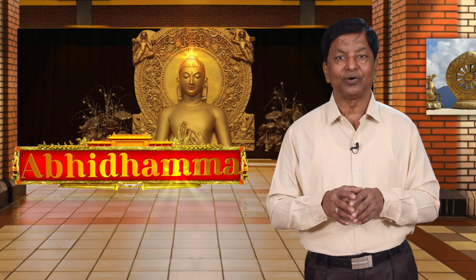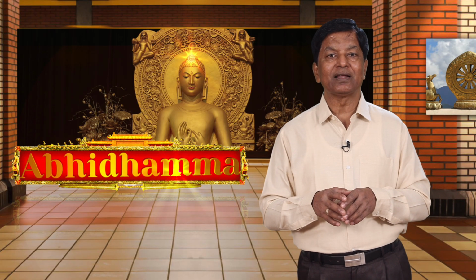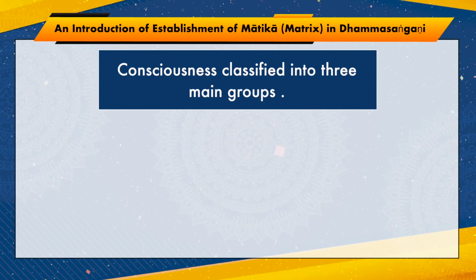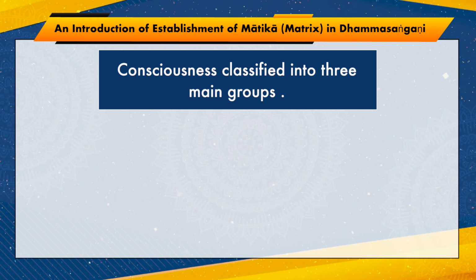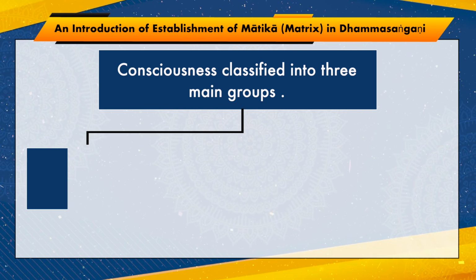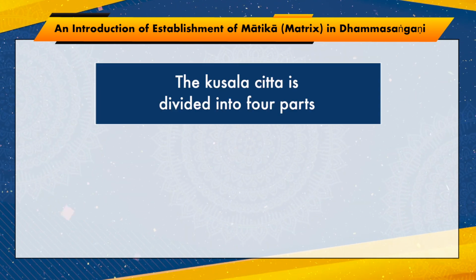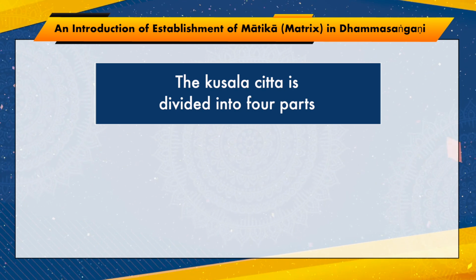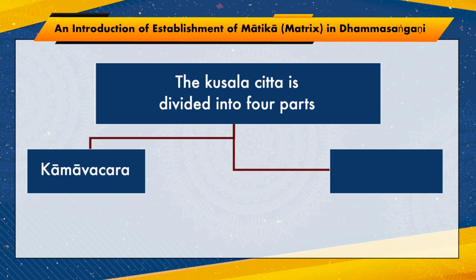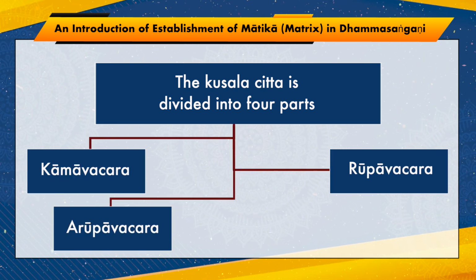The different types of consciousness given here are, first of all, classified into three main groups, namely Kusala, Akusala and Abhyakata. The Kusala Chit is further divided into Kamavachar, Rupavachar, Arupavachar and Lokuttar Chit.